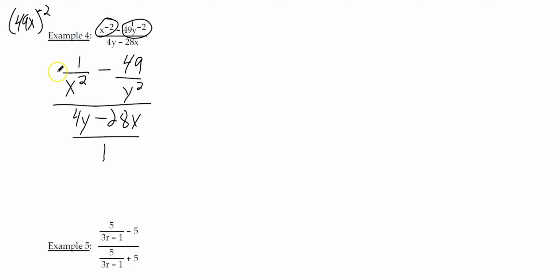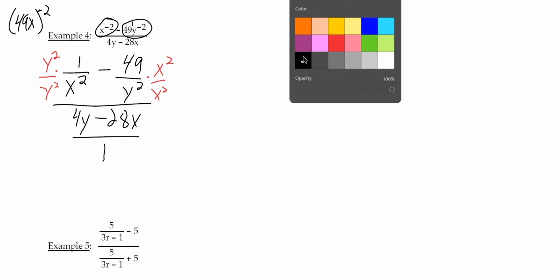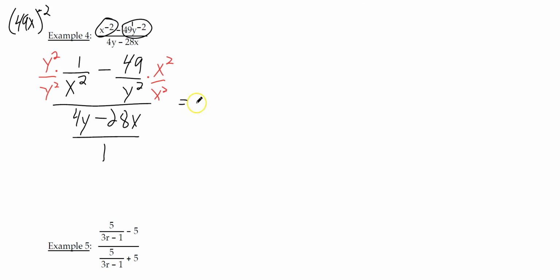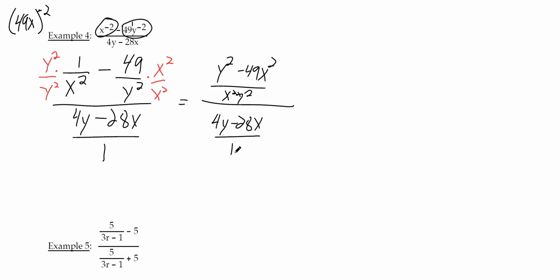So first off, I need a y squared on this one and an x squared on this one, and that will end up giving me, in the numerator, y squared minus 49x squared over x squared y squared divided by 4y minus 28x over 1.